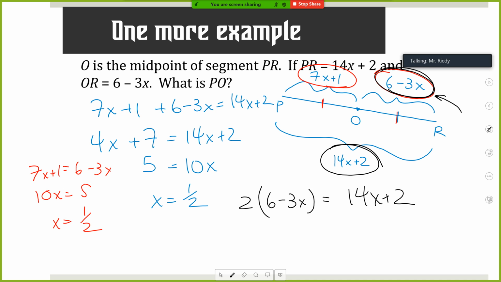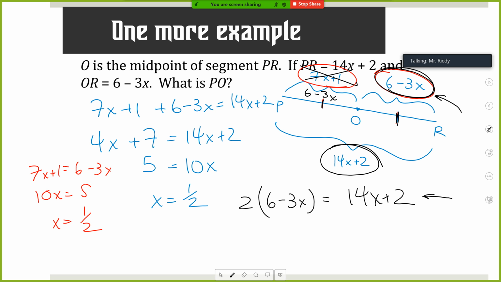Solve that, and I would get x equals 1/2. And along the same lines, if we forget about this for a second, I also know that PO is 6 minus 3x, because these two, like we said earlier, have to be equal to each other. Well done, Rachel. Thank you very much.